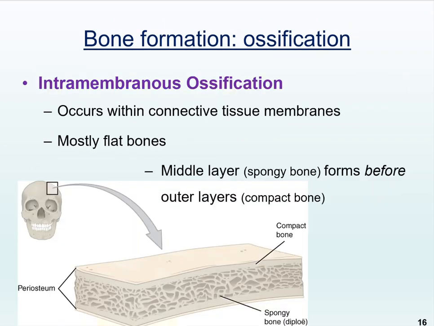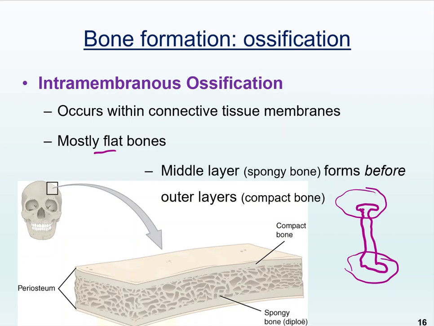For starters, intramembranous ossification occurs mostly in your flat bones. Remember that flat bones and long bones have a very different structure. Long bones have the epiphysis, spongy, and then compact in the middle.